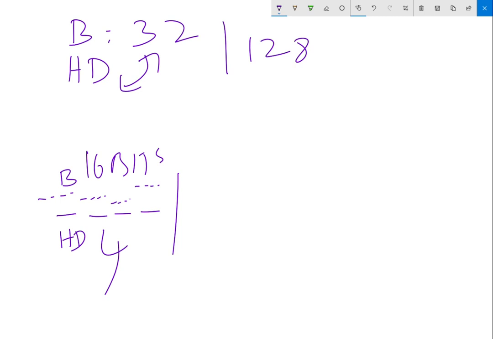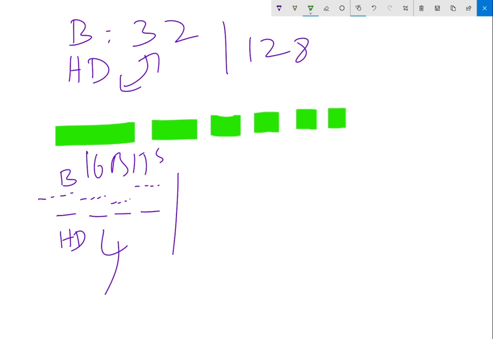So how many parts of hexadecimal do you want to have? Let's say this is part 1. Like this, you have 2, 3, 4, 5, 6, 7, 8. Let me put it on the same size. So you will be having 8 portions, 8 parts.